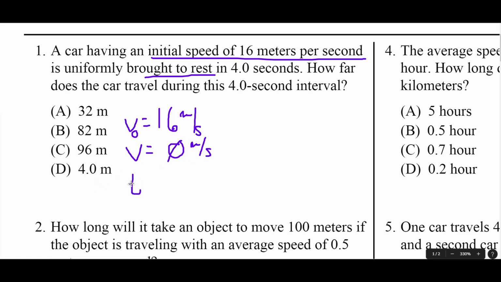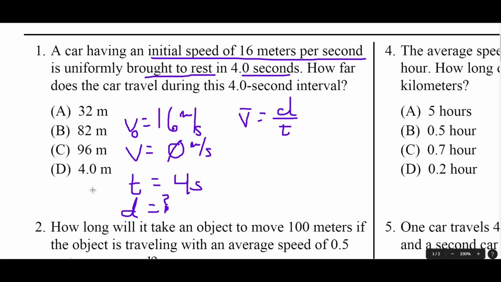They tell us the time is going to be 4 seconds, and we're looking for the distance or displacement. Doesn't really matter. So that's my unknown, question mark. The only equation that we have that has d in it would be the average speed equation. Now, the key thing here is that this is average speed, not just speed. Because we have two different speeds, we first have to figure out the average of these two numbers.